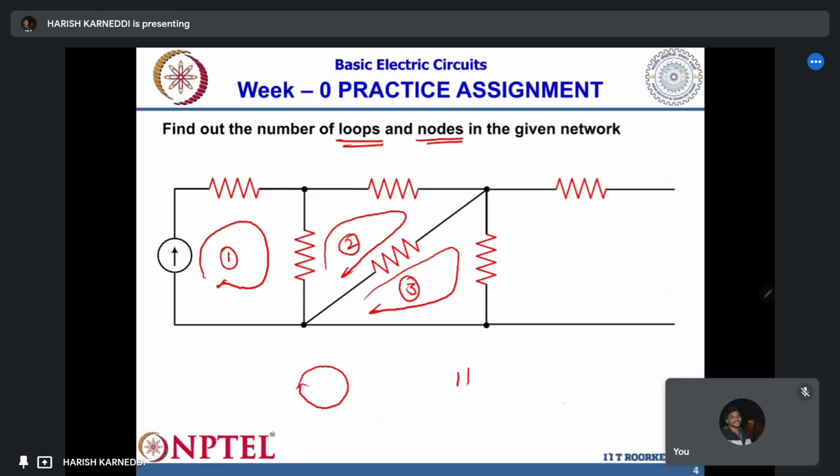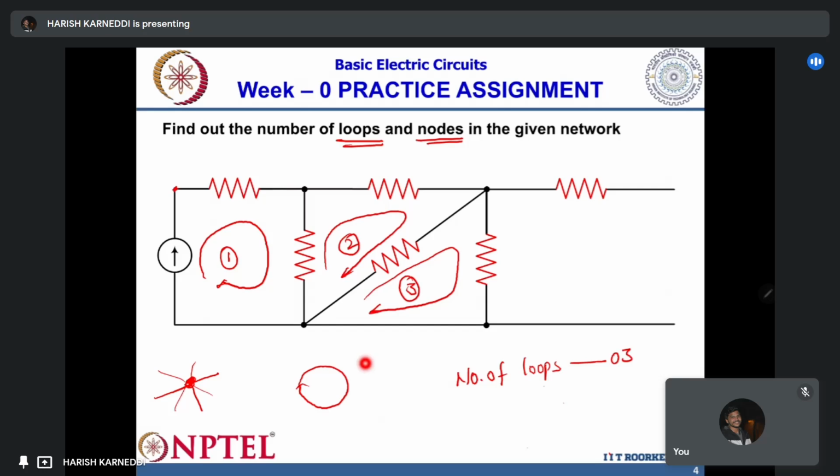Therefore, the total number of loops is 3. These are the primary loops. And coming to the nodes, a node is nothing but a point which consists of 3 or more branches.